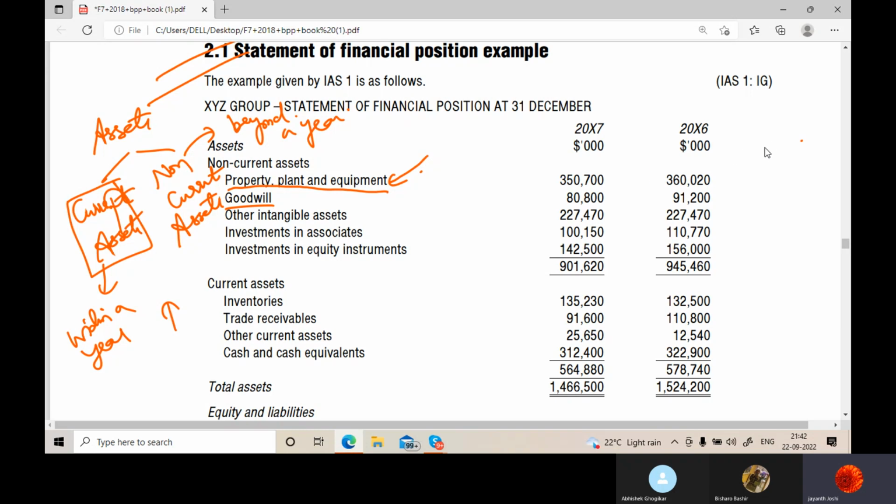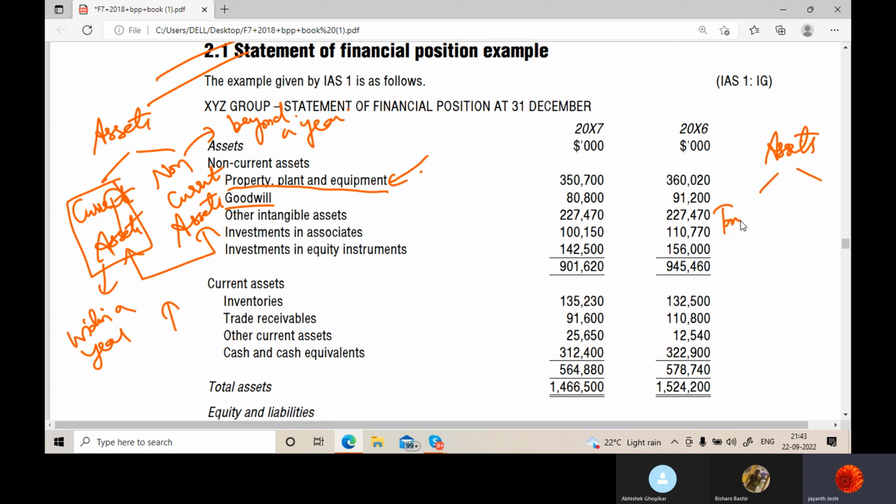There are assets of two categories. When we speak about economic benefits, we divide assets into current and non-current assets. But when we speak about tangibility or intangibility, we also divide assets into two types.